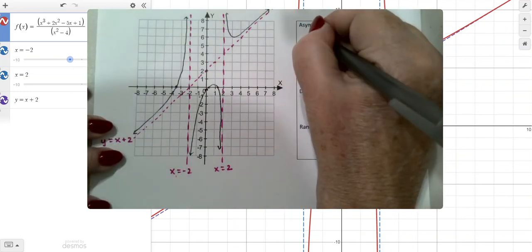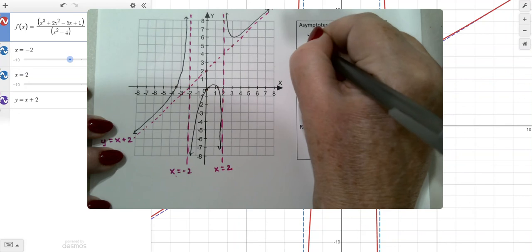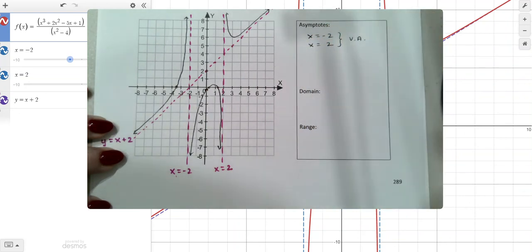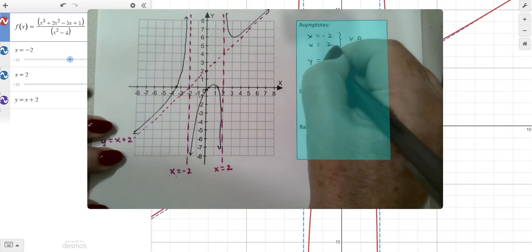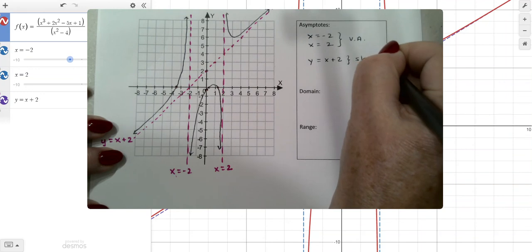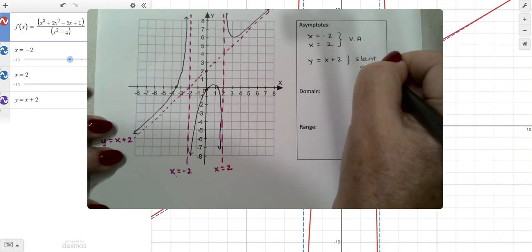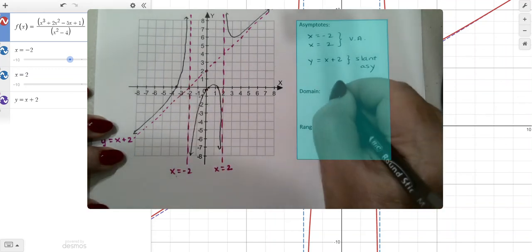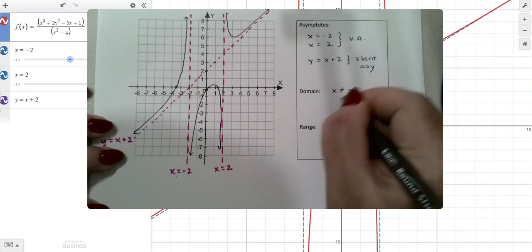Vertical asymptotes at x equal -2 and x equal +2. A slant asymptote y equals x plus 2. As far as the domain, can't touch the vertical asymptotes, so x is not equal to -2 and x is not equal to +2.